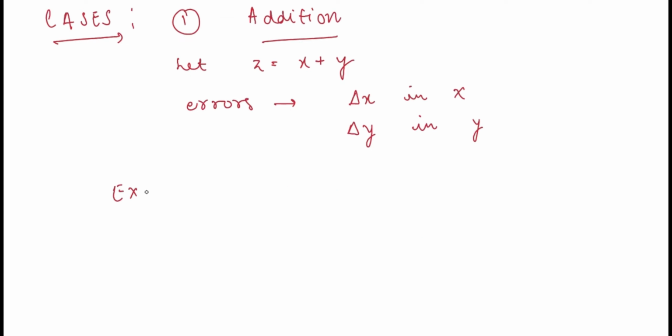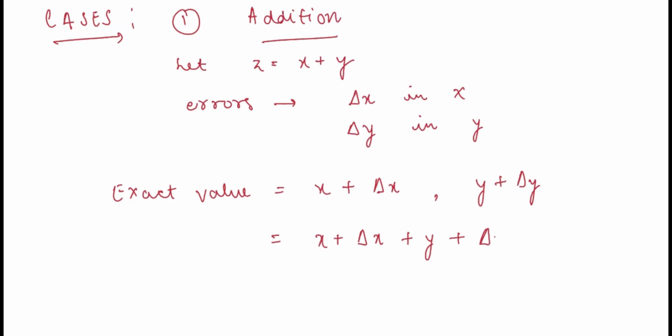So the exact value becomes x plus delta x and y plus delta y. So the exact result becomes x plus delta x plus y plus delta y. Since we have z equals x plus y, the error in z becomes delta z equals delta x plus delta y.